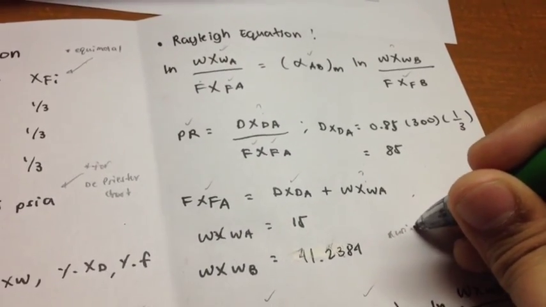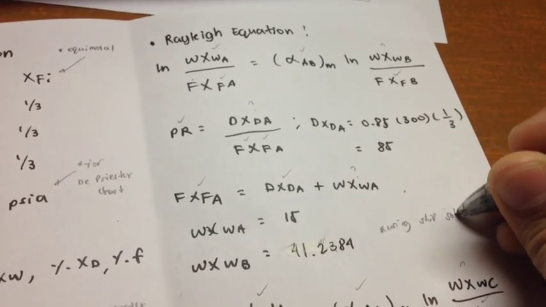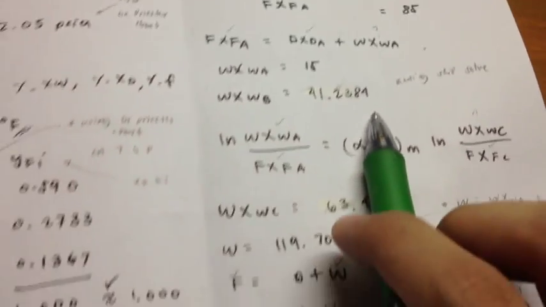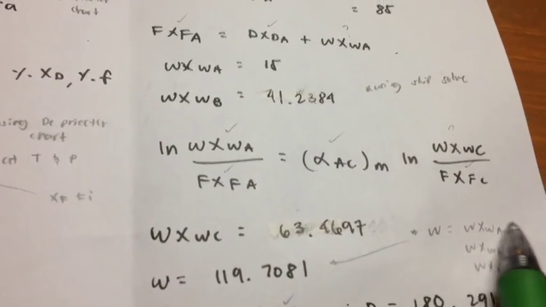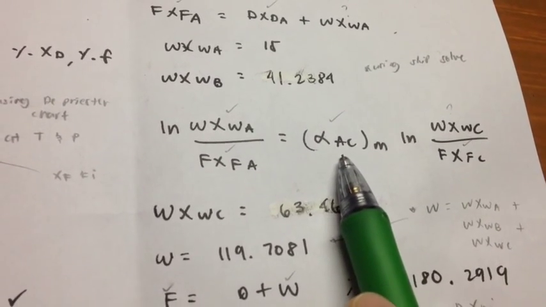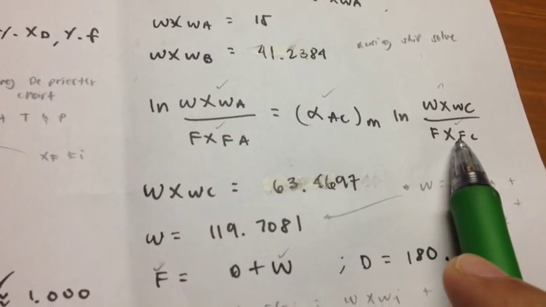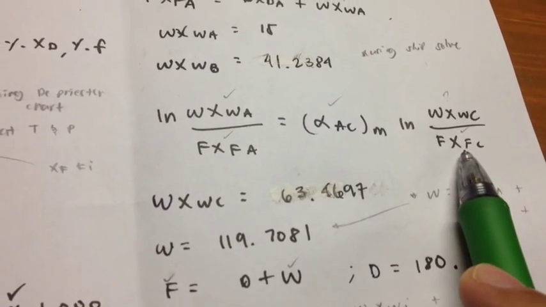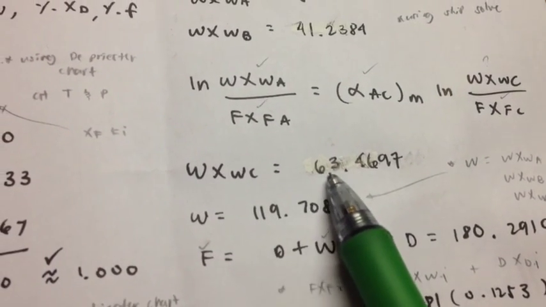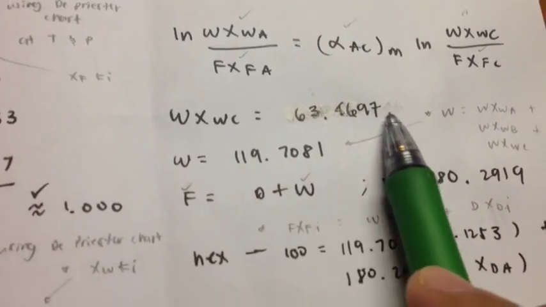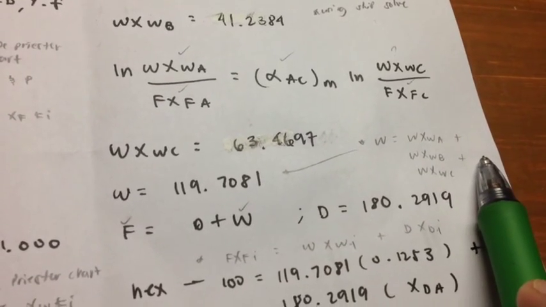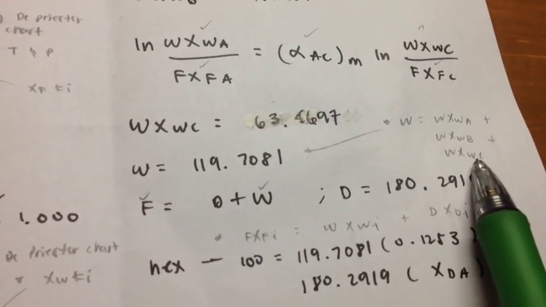Using shift solve, we obtain a value of 41.2384. We also do the same for WxWC, substituting alpha AC mean and FxFC. Using shift solve, we obtain WxWC equal to 63.4697.